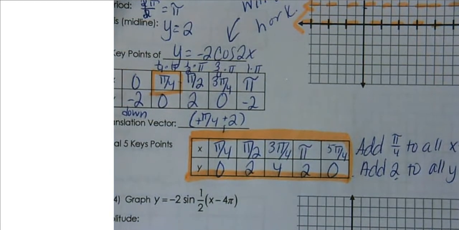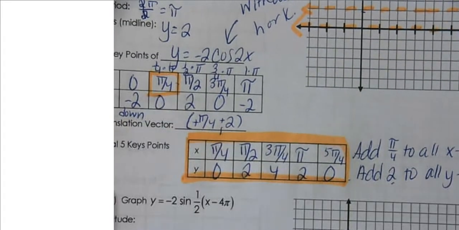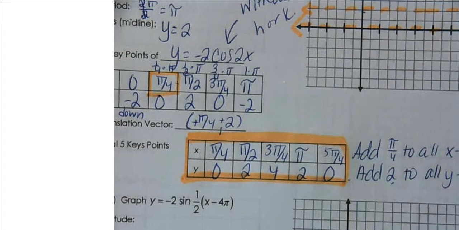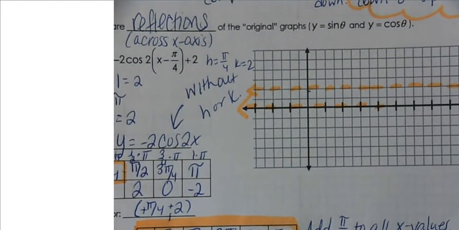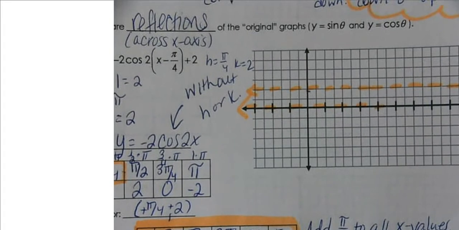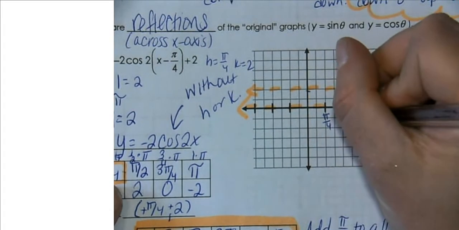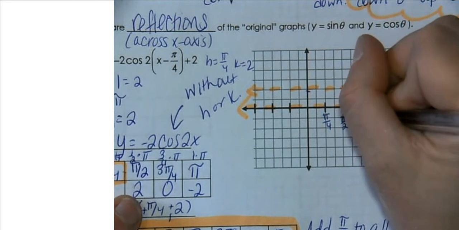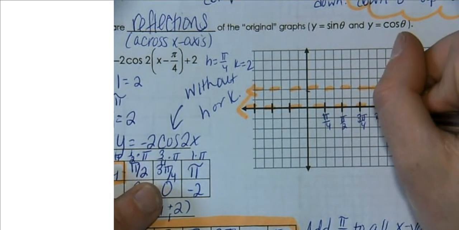When it comes to my scale, it's going to go by pi's over 4. And since I only need to go up to 5 pi's over 4, this tells me that I can use the solid tick marks or dashes on the x-axis to create my scale. So this is going to be pi over 4, pi over 2, 3 pi over 4, pi, and then finally 5 pi's over 4.